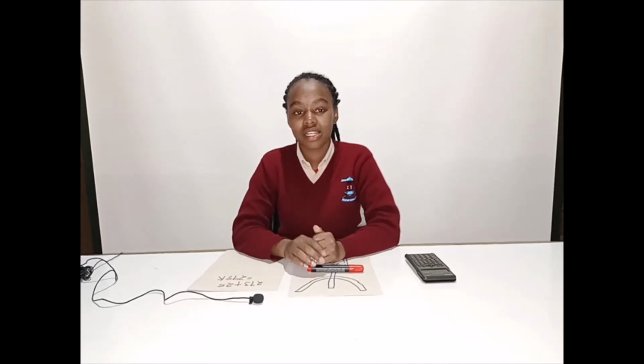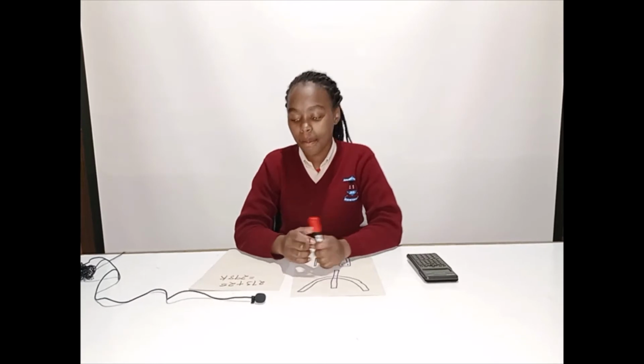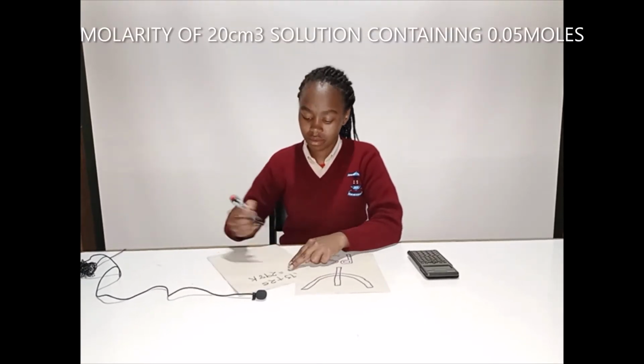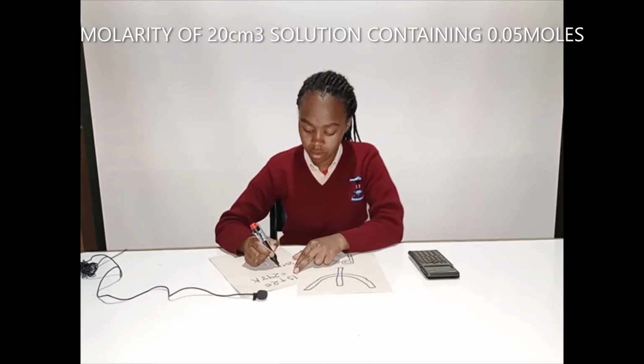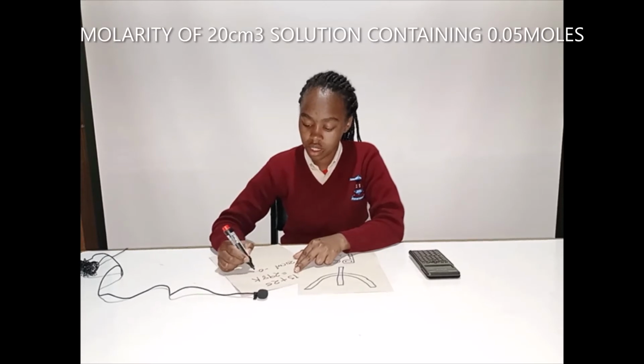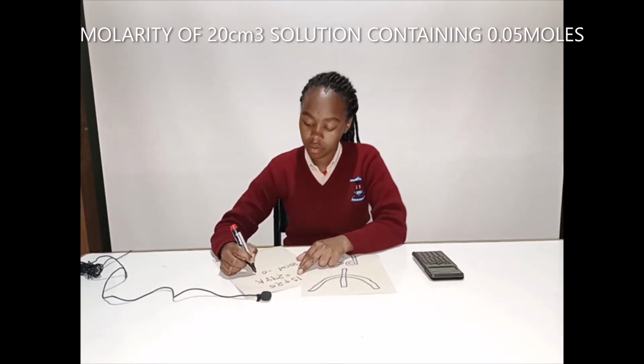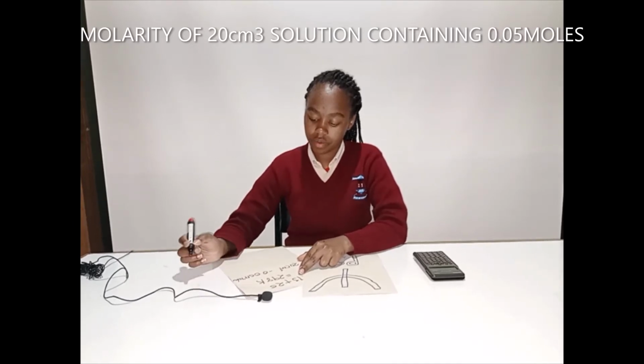Given that 20 centimeters cubed of a solution has 0.05 moles. I hope you've gotten that. 20 centimeters cubed has 0.05 moles. So what is the molarity of that solution?